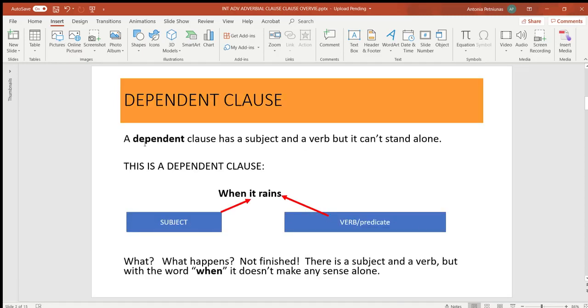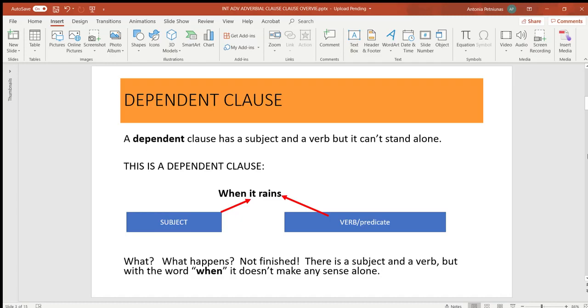Now we have something else, a group of words together called a dependent clause. A dependent clause has a subject and a verb, but you can't just say it. It's weird. Here's an example. When it rains.